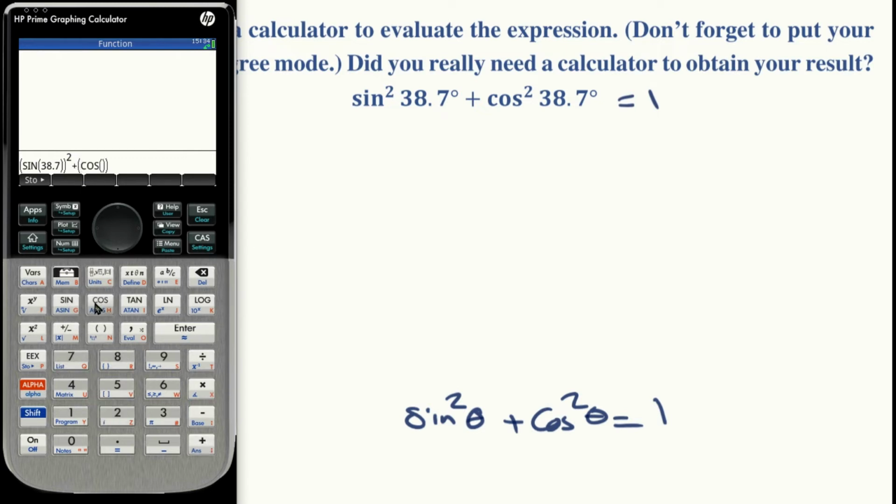So we're going to go cosine of 38.7, and we're going to go ahead and exit. We're going to square it, and now we're going to go ahead and just hit enter, okay? And of course we knew that we should get that already, right? So this is a nice confirmation of what we already knew.